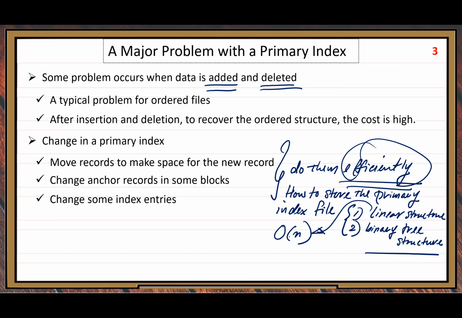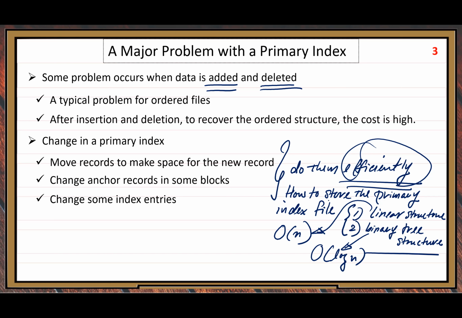Linear search. But if you can store your primary key in a binary tree structure, the search efficiency will be big O of log n. Look at that. That's a huge difference, from big O of n to big O of log n.